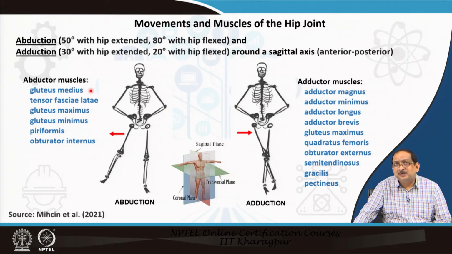The abductor muscles, the muscles responsible for the movement abduction, are listed here in this slide, whereas there is a host of muscles responsible for the movement adduction, called the adductor muscles, also listed here.